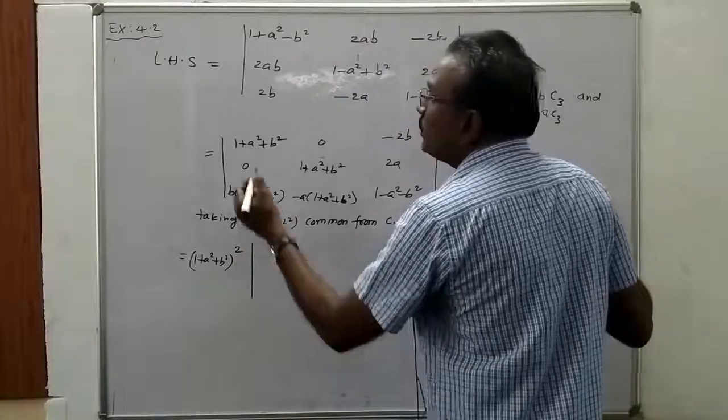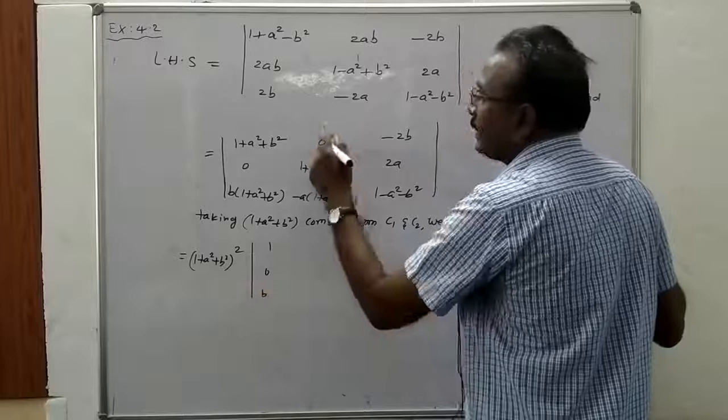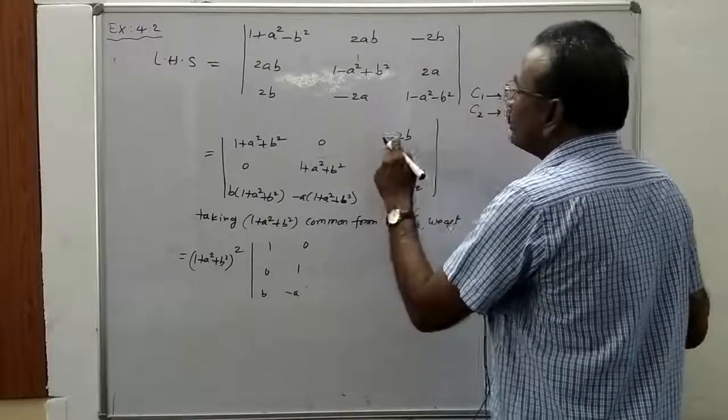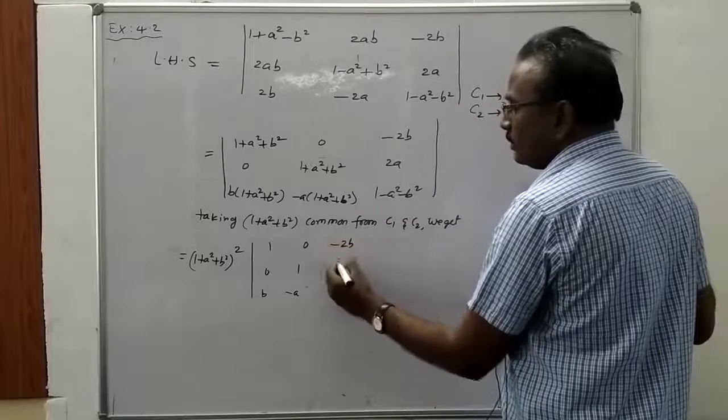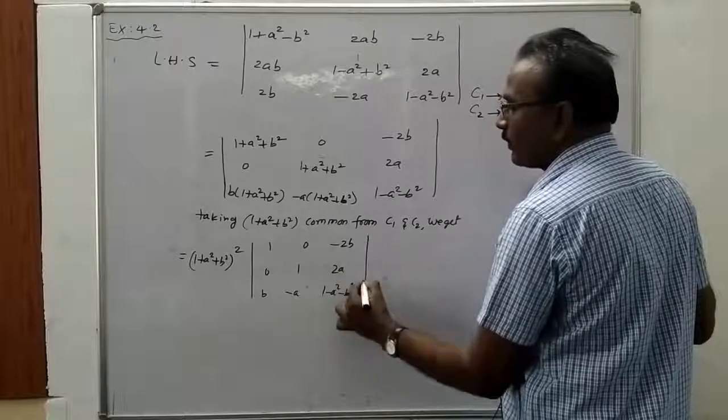So into first column becomes 1 0 b, second column becomes 0 1 minus a, third column as it is minus 2b, 2a, 1 minus a square minus b square.